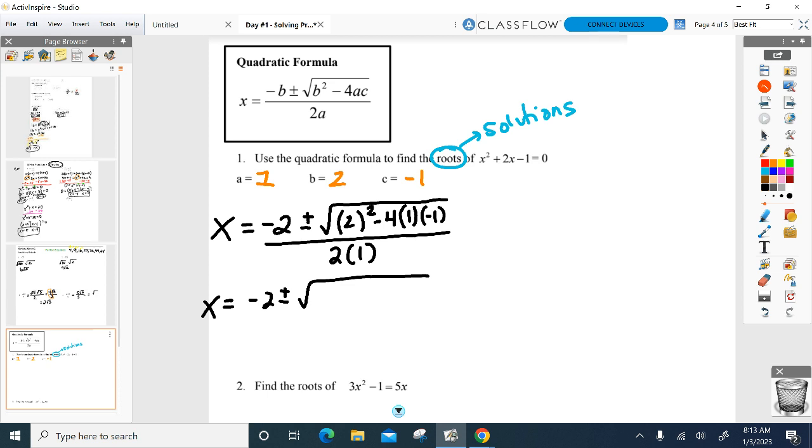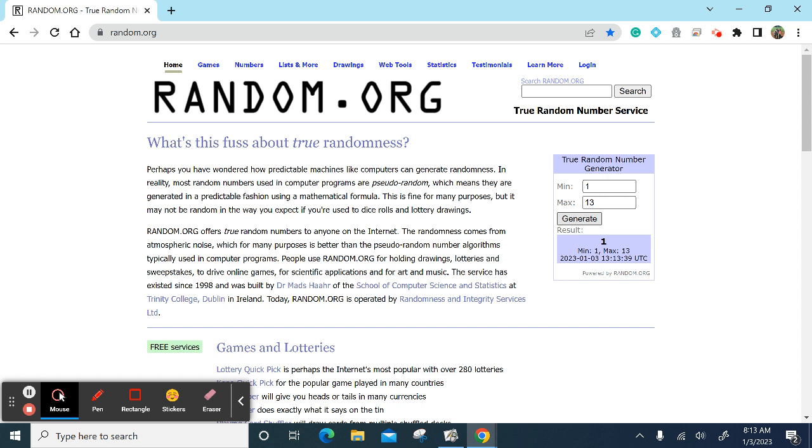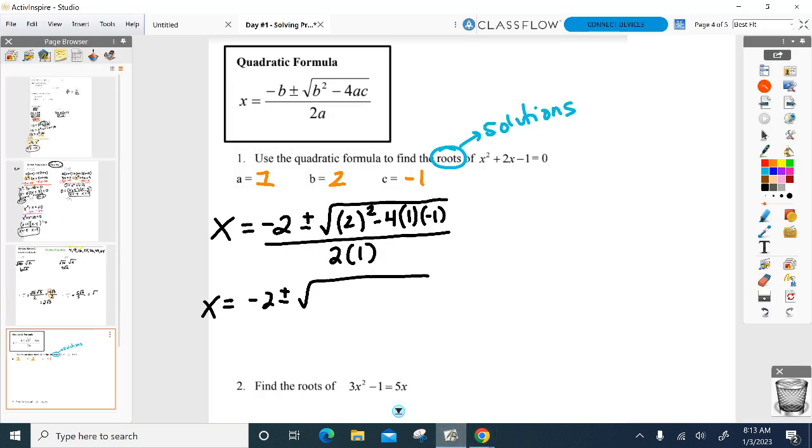That's the only thing you should be finding right now. What's underneath the radical? Let me know when you're ready here. Anna, what number did you get underneath the radical?